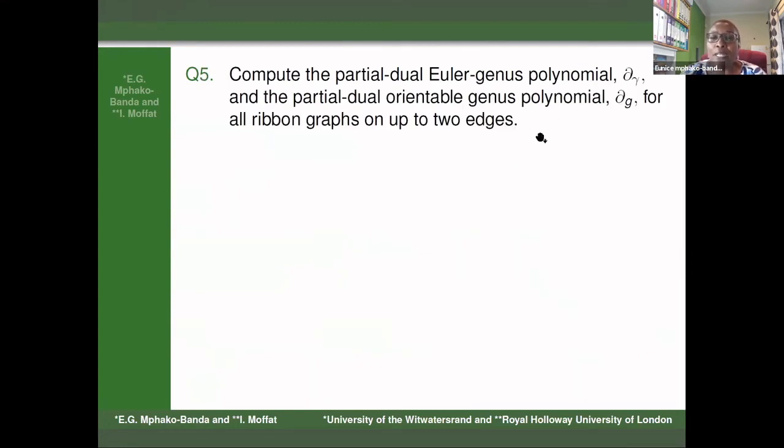Once you are confident that you can do it, then you can increase the number of edges. You take ribbon graphs maybe with 3 edges, etc. But you should know that the computation will go to bigger numbers. Once you have many edges, the number of subsets will grow.